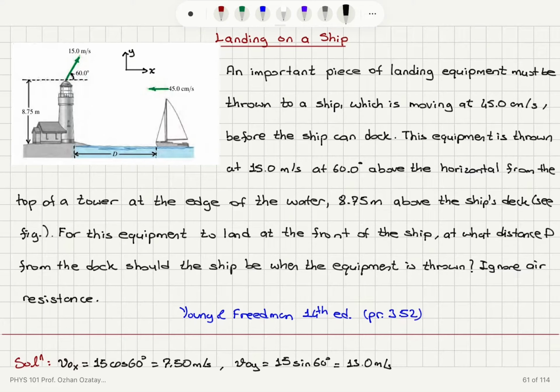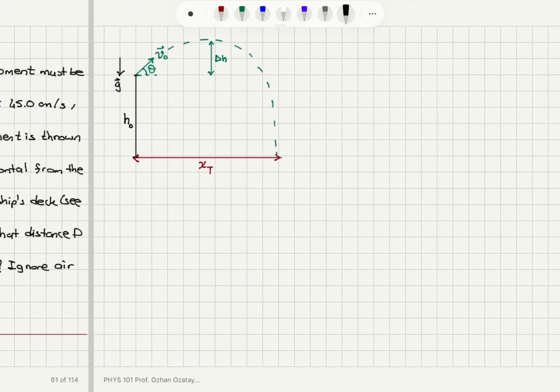Now, this is how we can visualize the situation. Here we have a projectile that starts with initial velocity v0 making an angle theta with respect to horizontal at a distance h0 from the ground, and that's basically from the ship. It follows this path and completes its motion in a projectile range of x sub t.